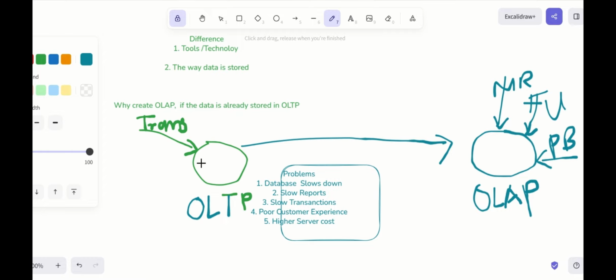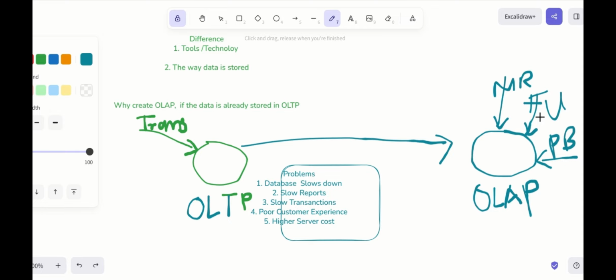So we only leave this system specifically for transactions, and all the analytics-related work will be done in OLAP.